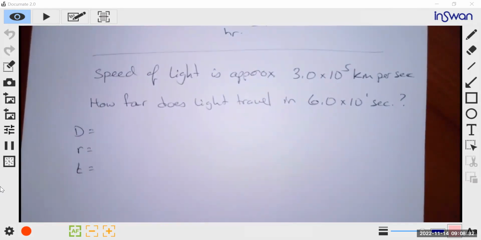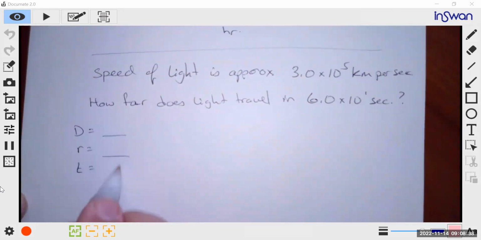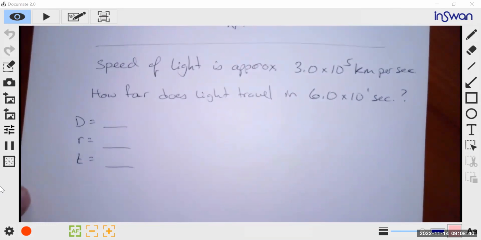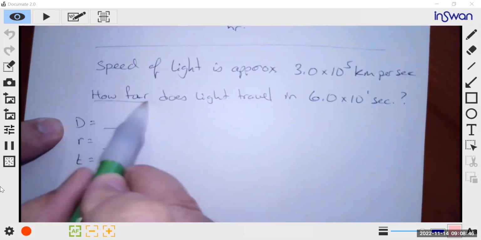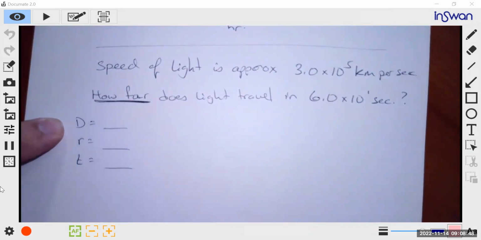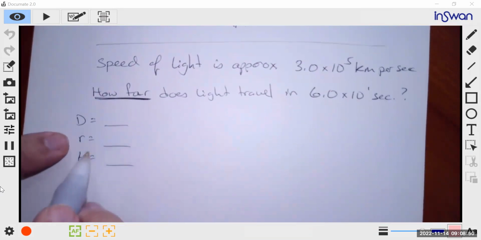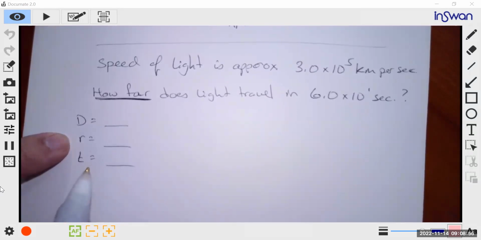It's a motion problem. How do we know it's a motion problem? Because we're dealing with distance and time. What do we know out of these 3? Do we know the distance? No, that's what it's asking for. It's asking you how far. That's the distance. We don't know that yet. What's the rate? What's the speed that we're talking about here?